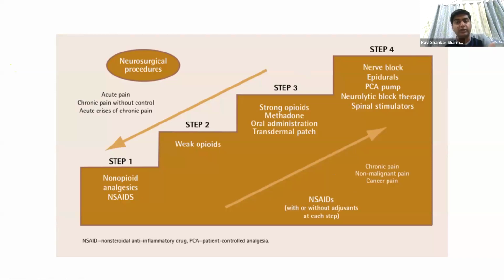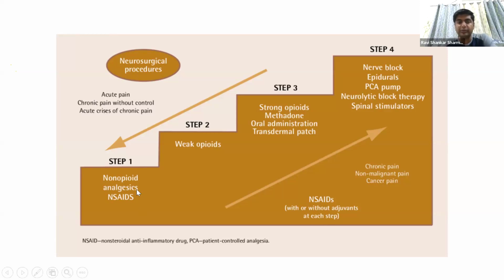The original WHO ladder has 3 steps of management of pain, especially cancer pain, and it remains the same. It has been advised to include step 4, but just remember this.